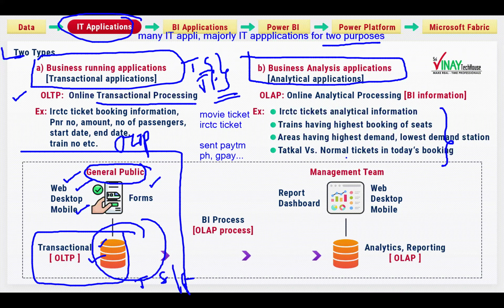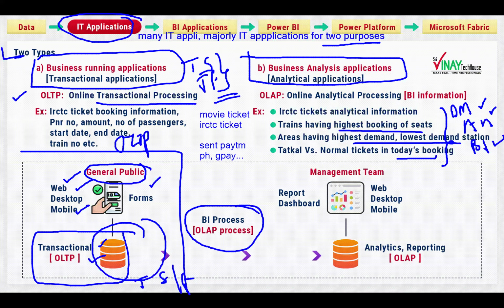At the end of the day, end of the week, end of the month, the IRCTC team wants decisions like: the trains having the highest booking of seats, the regions having the highest demand, Tatkal versus normal tickets, etc. And this data is called decision-making data. Some people say analytical data, some people say business intelligence data. And the process we follow is called the business intelligence process. So: transactional data, business intelligence process, and business intelligence data.